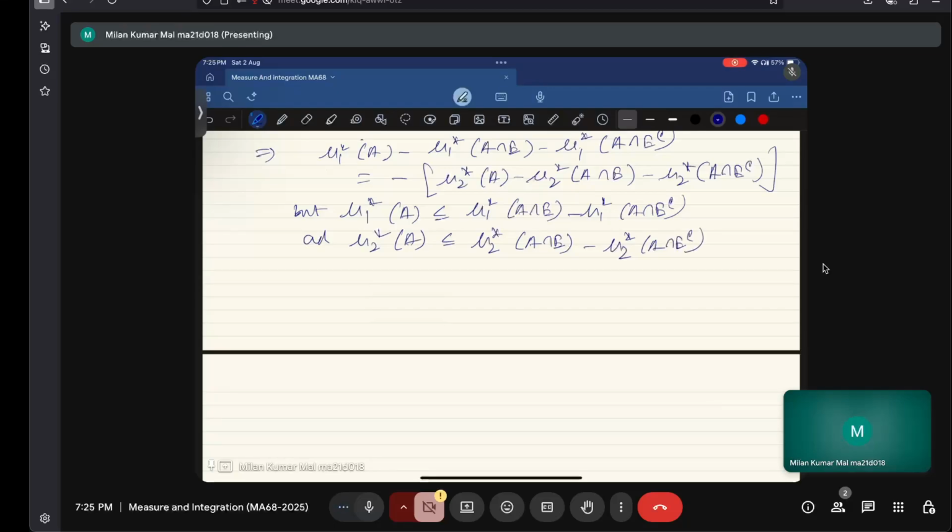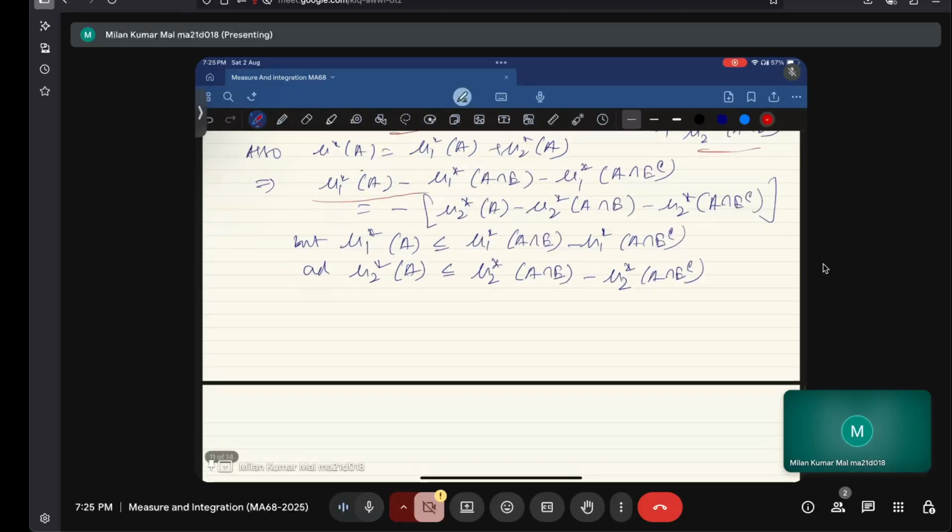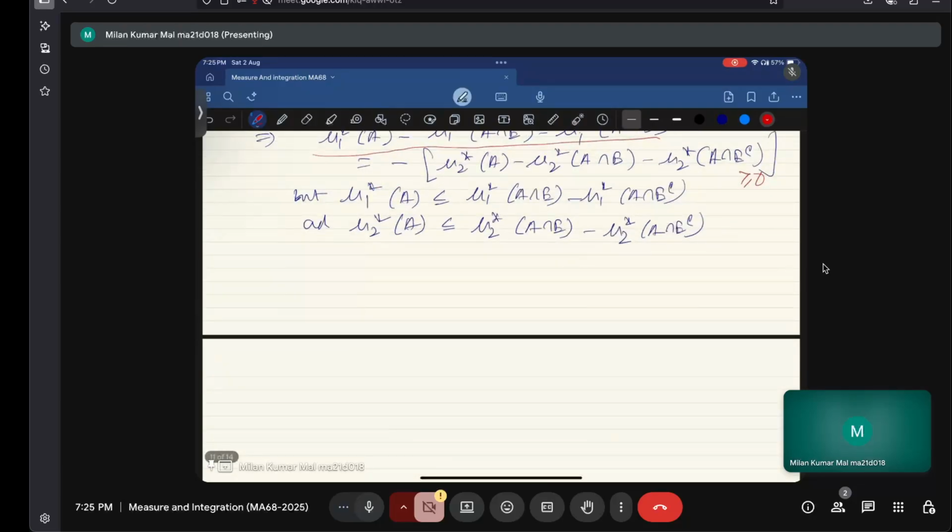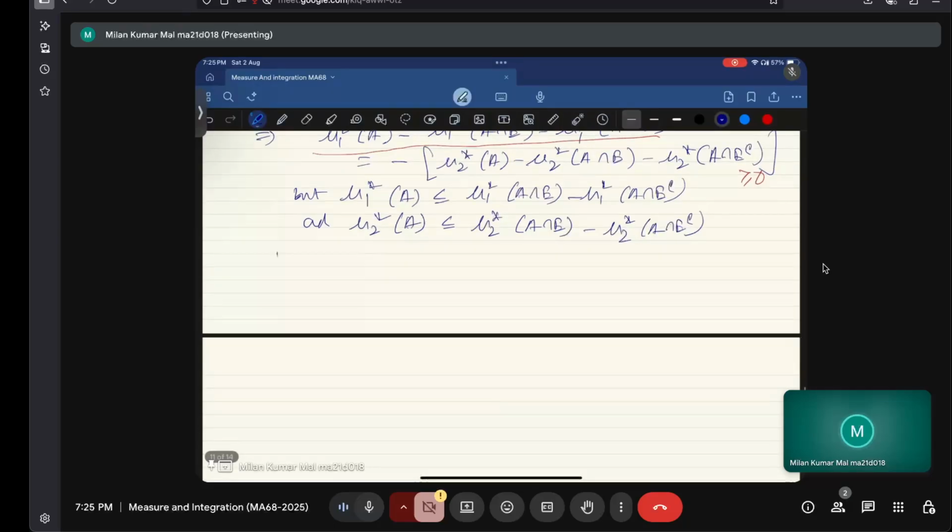So therefore, what we can say here is that this is actually negative, right? And the second term is also negative, but we have a minus, so therefore this is greater than or equal to 0. So this term, but these two are equal, so therefore they have to be equal to 0.